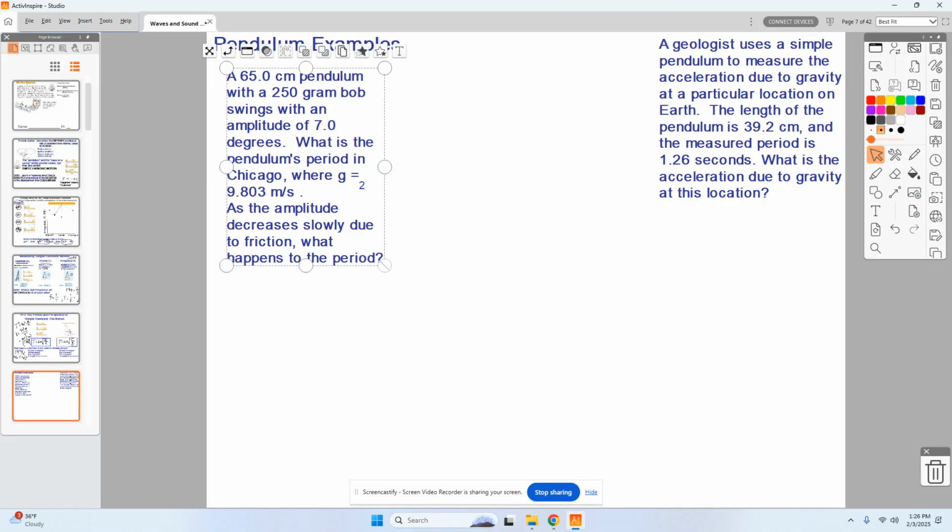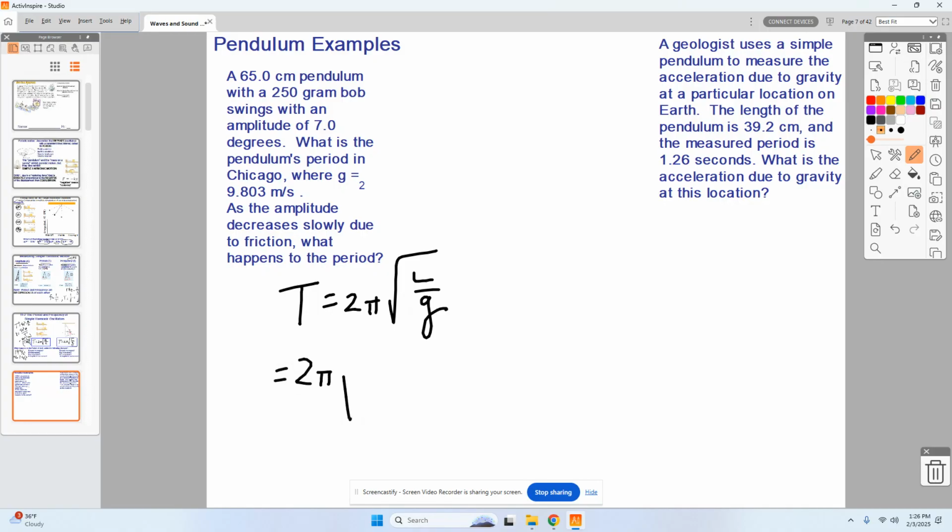I'd like to calculate what the period should be. So again, T equals 2 pi times the square root of L over G. And I ignore units.